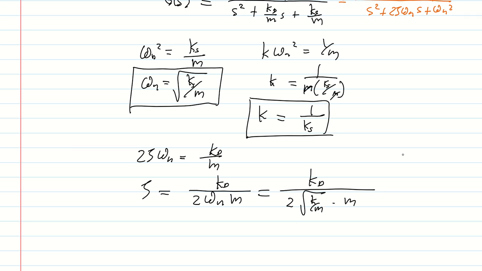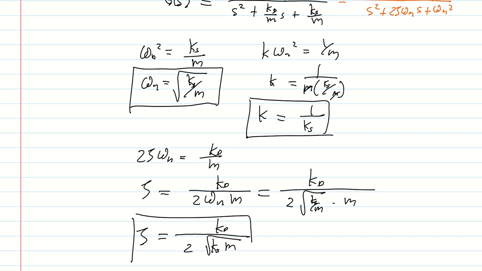Then we put m inside the square root, it becomes m squared; you divide by m, it becomes m times ks. So the damping ratio will be equal to kd all over 2 times the square root of ks times the mass m.